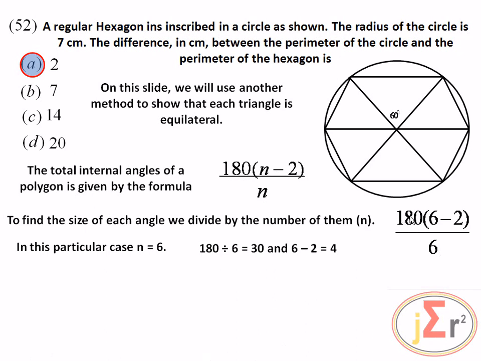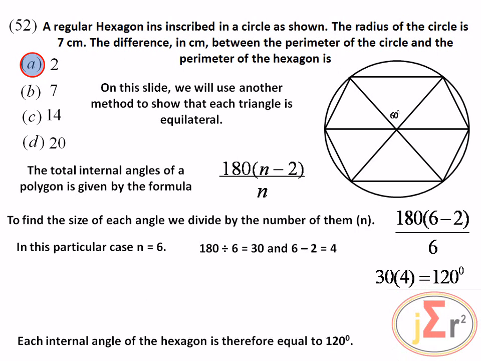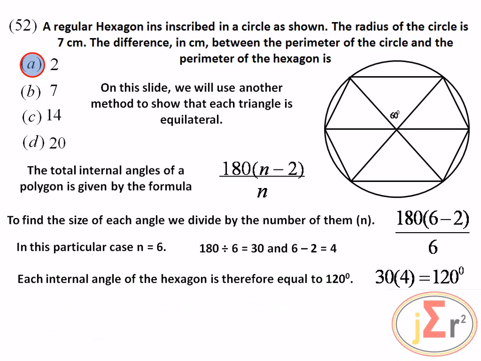If we divide 180 by 6, we will get 30, and 6 minus 2 is equal to 4. So we will have there 30 multiplied by 4, and that is equal to 120. So the size of each interior angle will be 120 degrees. Each internal angle of the hexagon is therefore equal to 120 degrees.